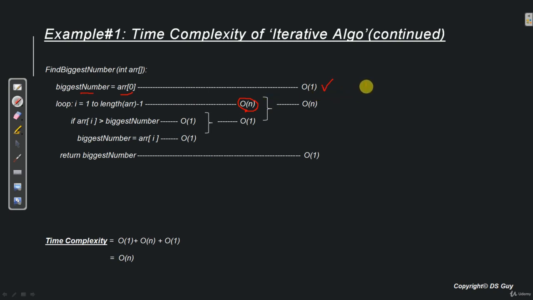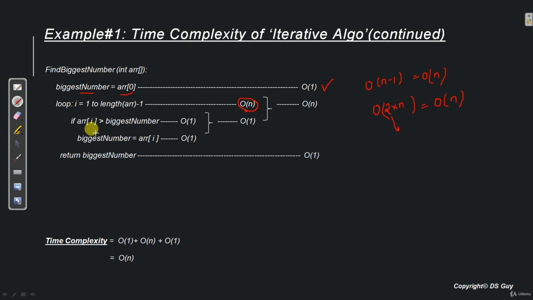What that means is, order of n minus 1 is the same as order of n. Or even if we say order of 2n, it will again be the same as order of n. The reason is again the same: the 2 over here is a constant and we can always safely eliminate it.